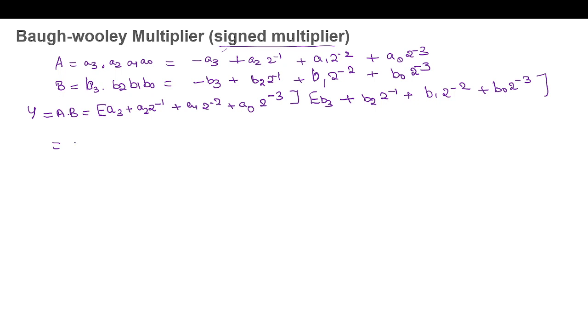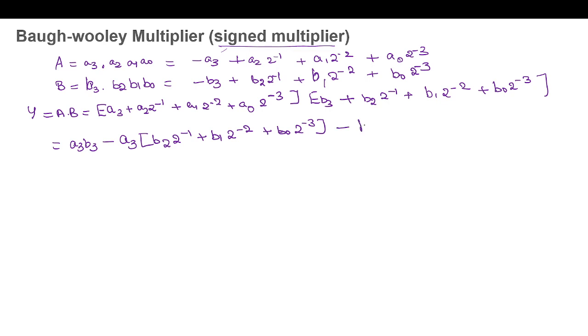A3 into B3 is the positive term. We get negative term whenever A3 is multiplied with all these terms. Same way B3 is multiplied with all these terms. So we can write it separately. B2, B1, B0.